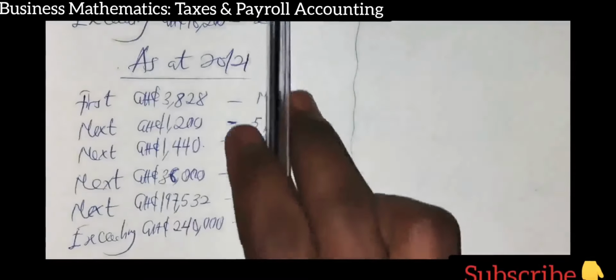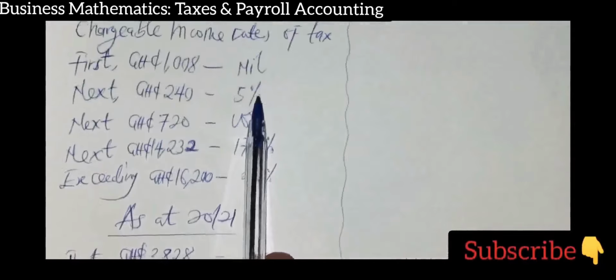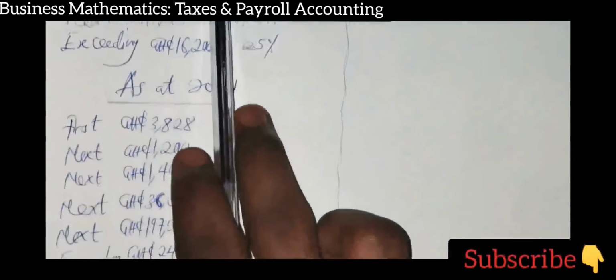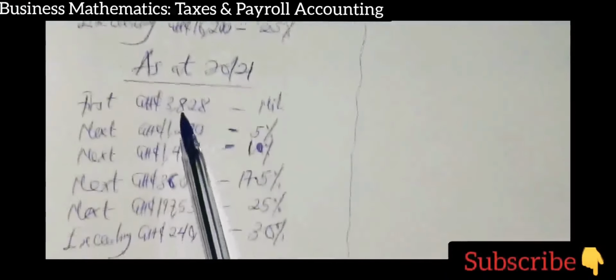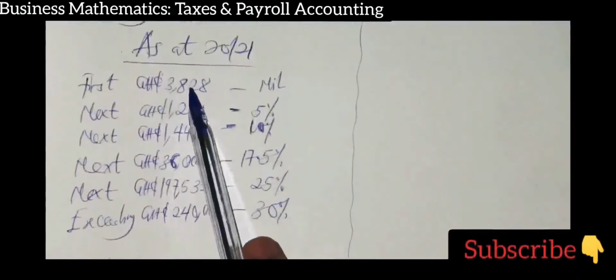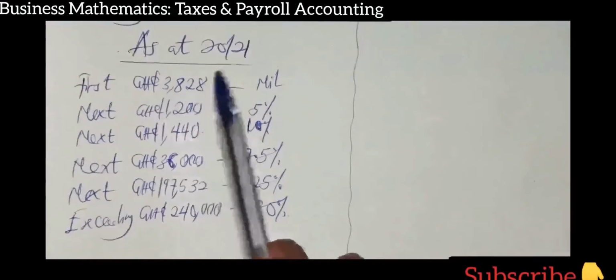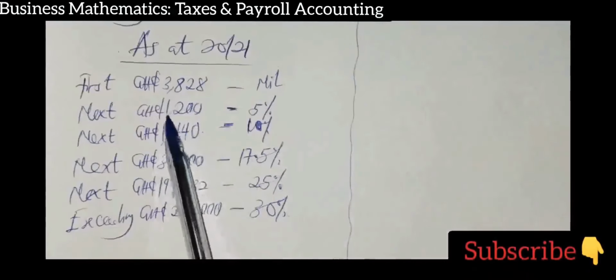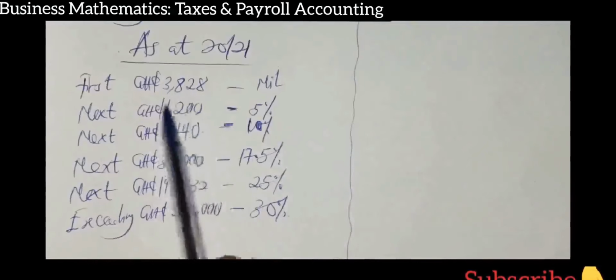The same analogy as the 2010 year. Here it was 1,008, but here it is 3,828, meaning that there has been an increase in the chargeable income on which we apply a tax. Then 1,200. Same thing, there is also an increase.